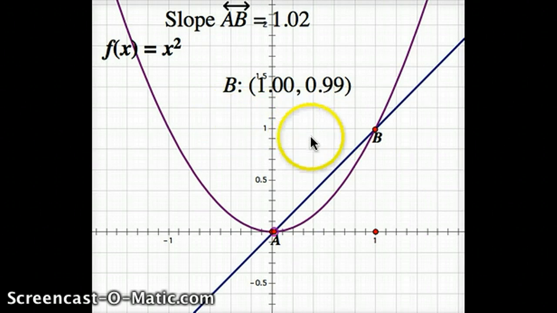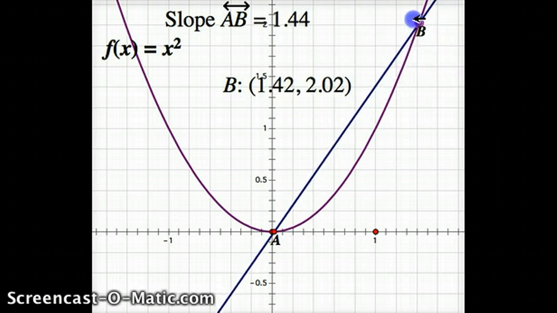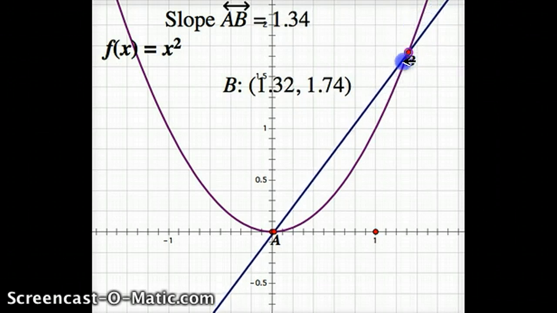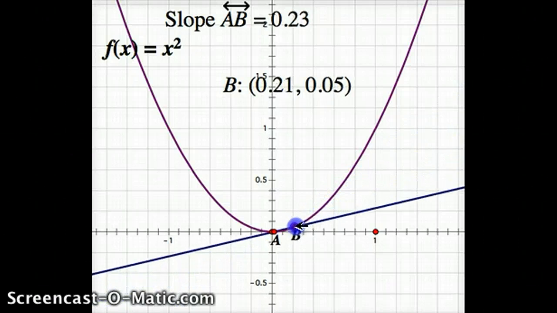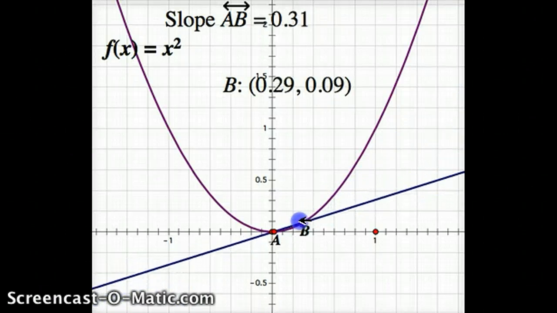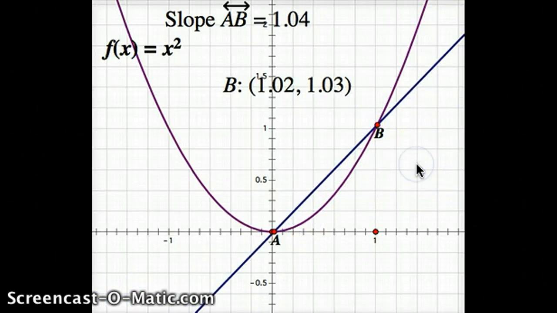Obviously, the further I go, the slope is getting taller, right? That makes sense. And the further I bring this back to where I started, the more shallow the slope, so I wasn't going very fast. Hopefully that makes sense. You could buy into that idea.